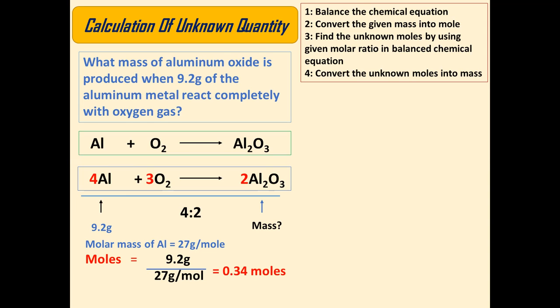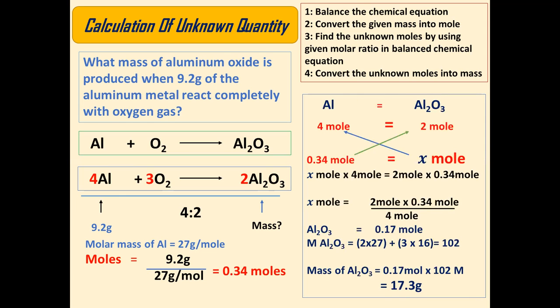So we're going to use this molar ratio, for example, aluminium with the reference of aluminium oxide. With the help of the balanced chemical equation, 4 mole of aluminium produce 2 mole of aluminium oxide. So 0.34 moles will produce how much aluminium oxide? We're going to find it by the cross multiplication method.